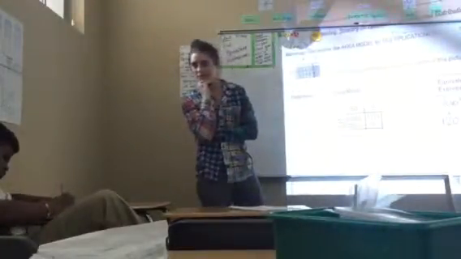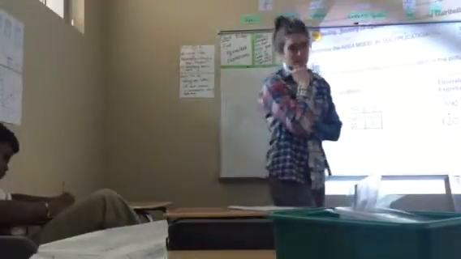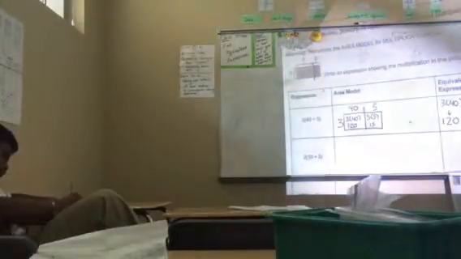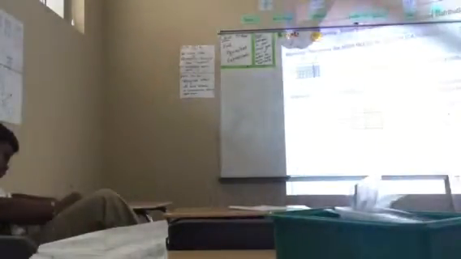So Cheyenne is choosing to draw her models first and then go through and multiply. Or you can do them part by part, one at a time. So now, what multiplication is here? 10.